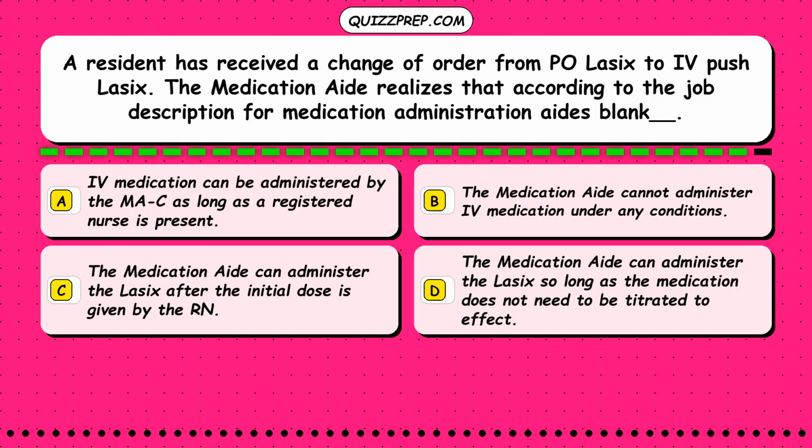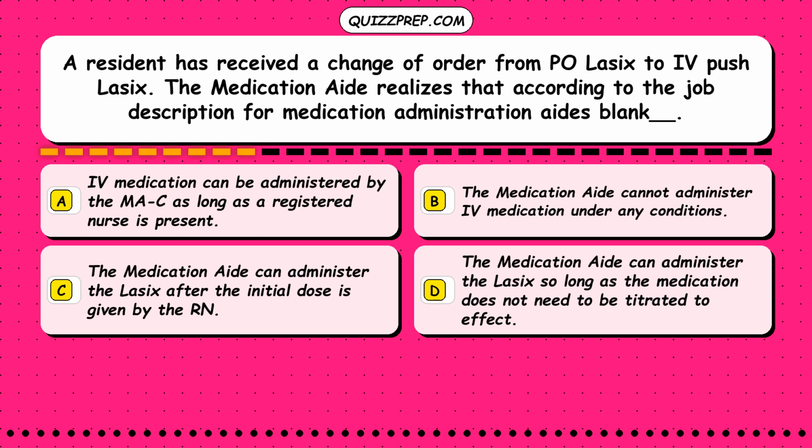Question 301. A resident has received a change of order from Lasix to 4-push Lasix. The medication aide realizes that according to the job description for medication administration aides blank. Option A, for medication can be administered by the MASI as long as a registered nurse is present. Option B, the medication aide cannot administer for medication under any conditions.